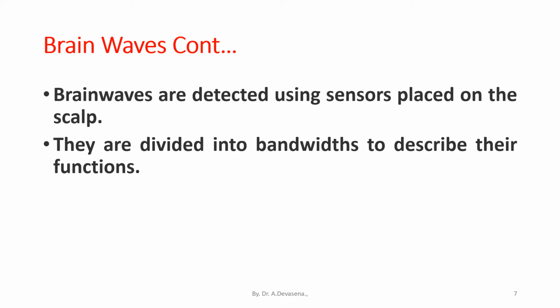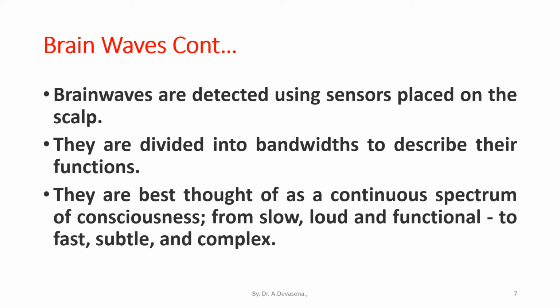They are divided into bandwidths to describe their functions. They are best thought of as a continuous spectrum of consciousness from slow, loud, and functional to fast, subtle, and complex.